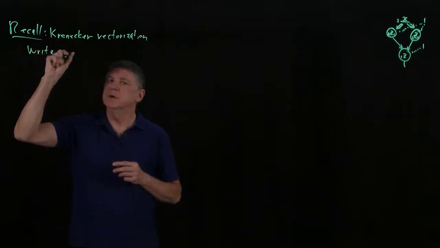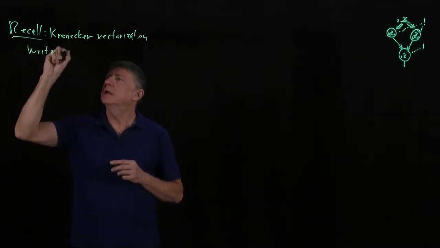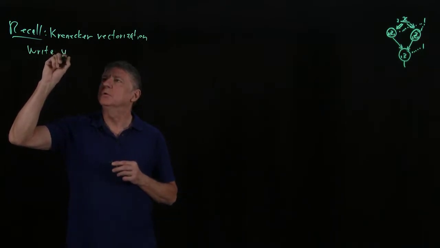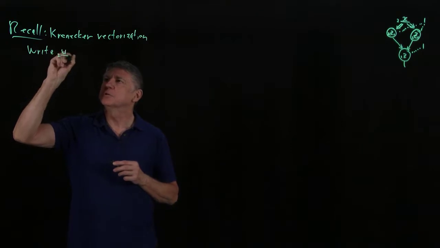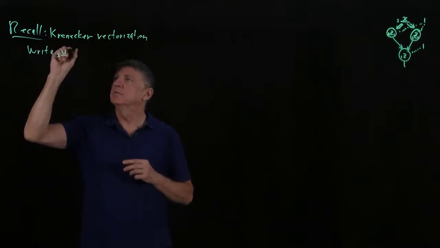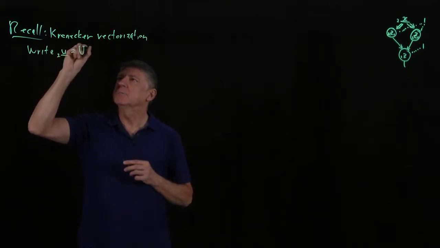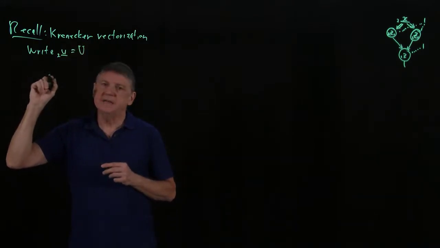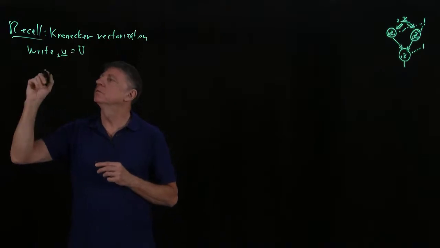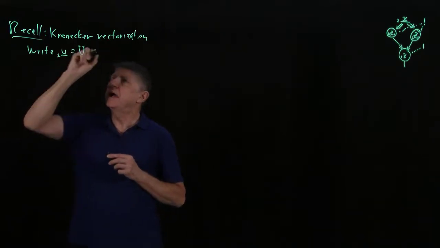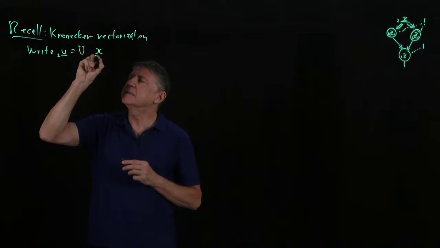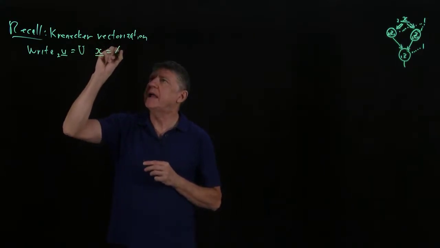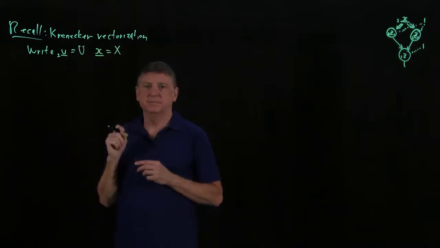From the previous one, we had a vector, a one form, U, for layer 2. And we can write that as a matrix. We also had a single data vector, and we'll write that as our design matrix.